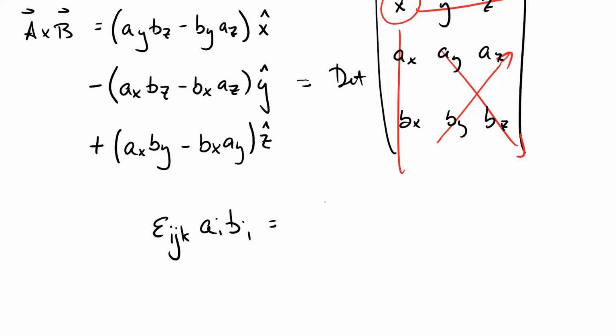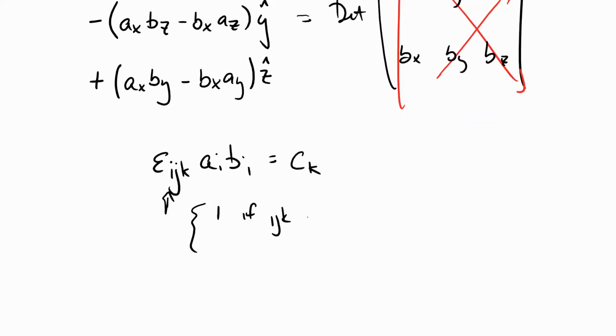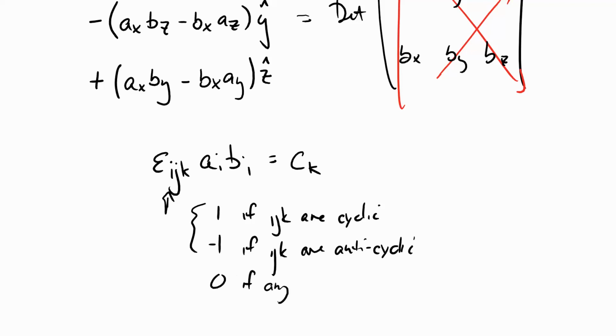is this Levi-Civita tensor. I think it's a tensor. This thing is defined to be 1 if i, j, k are cyclic, -1 if i, j, k are anticyclic, and 0 if any repeated index.